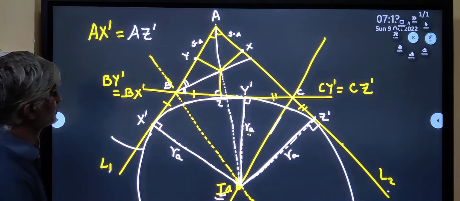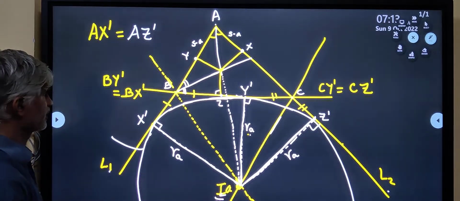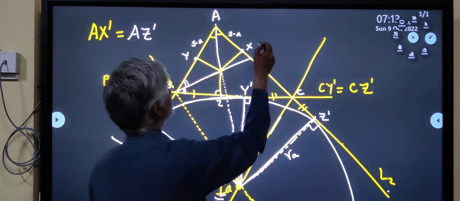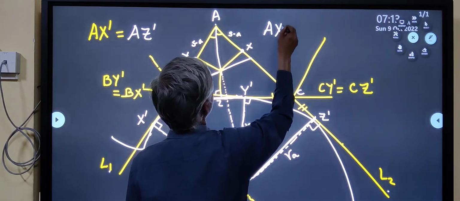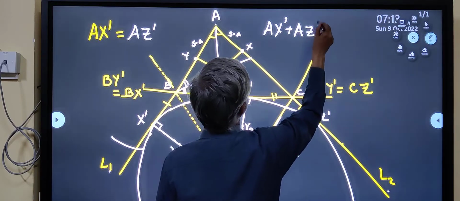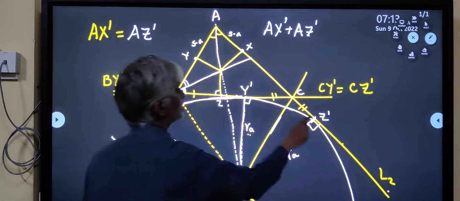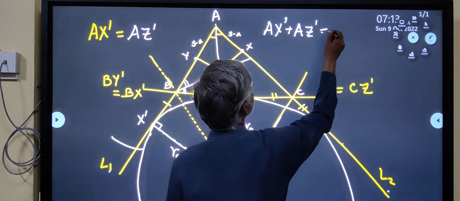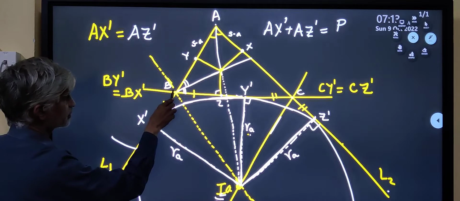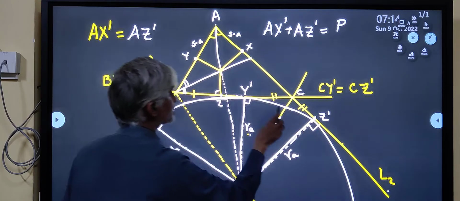Now let's try to look at this length AX dash and AZ dash. What you want to notice from this picture is that AX dash plus AZ dash is actually equal to the perimeter. Now that is pretty obvious, because this length is equal to this length and this length is equal to this length.